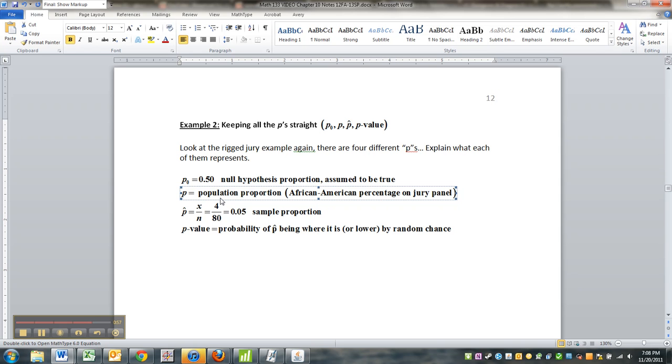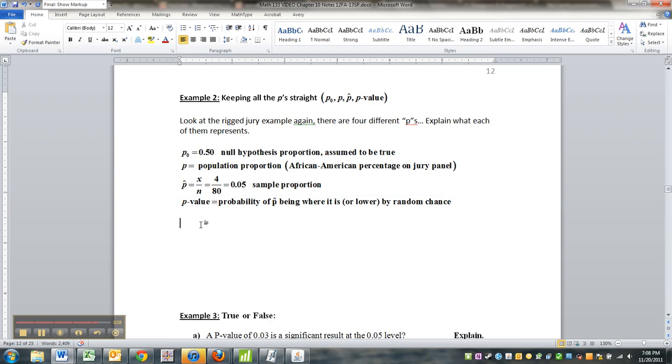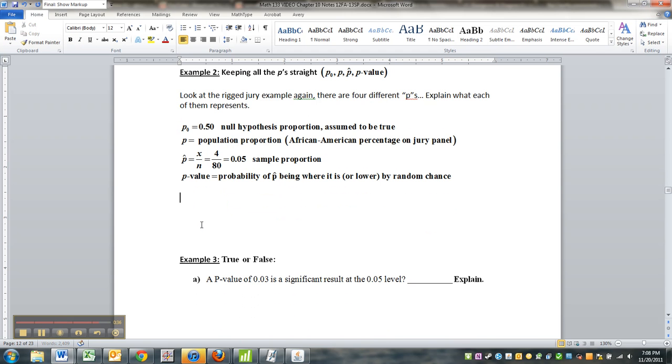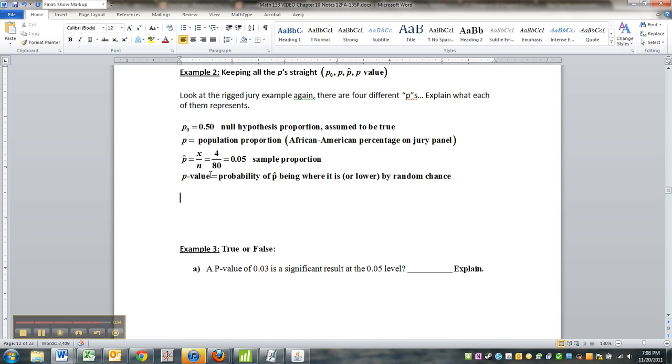Since it's for a population, you don't really get to see it, not ever. You just know it should be vaguely close to what it was for the census for that county. This is p hat, which you actually had in the physical room. And this is the p-value, the probability of you getting what you got in the physical room just by random chance. Since it's so dang low, you know something fishy is up and you rejected the null hypothesis.